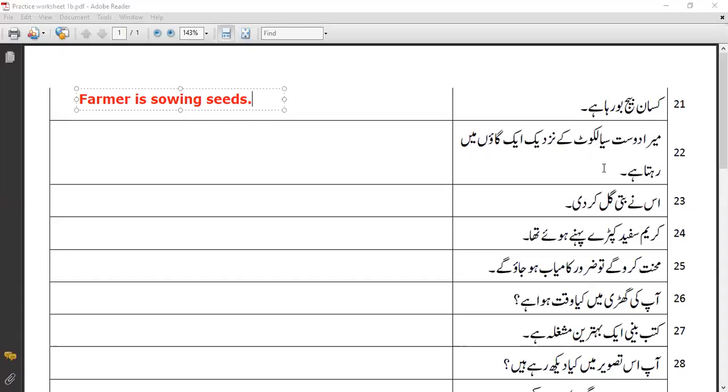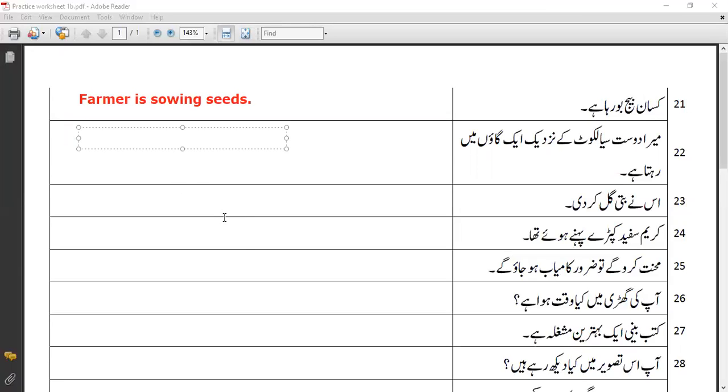Now रहता है, this sentence, when you read this sentence, usually the last two or three words, by reading them you can find out which tense does this particular sentence belong to. So here it belongs to the simple present.